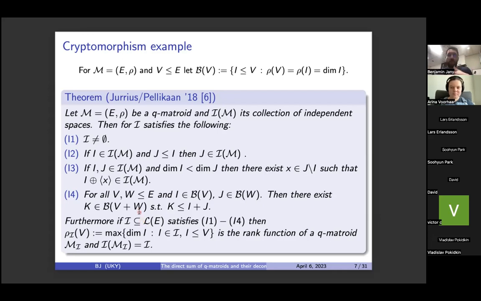And so that's what cryptomorphisms are. It's just really non-trivial equivalent ways to define the same object. That's the terminology that people have used in matroid theory, and so we stick with it.